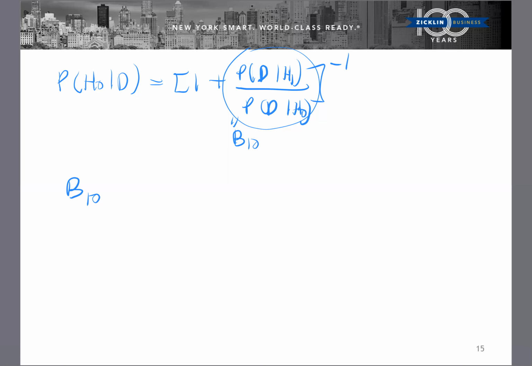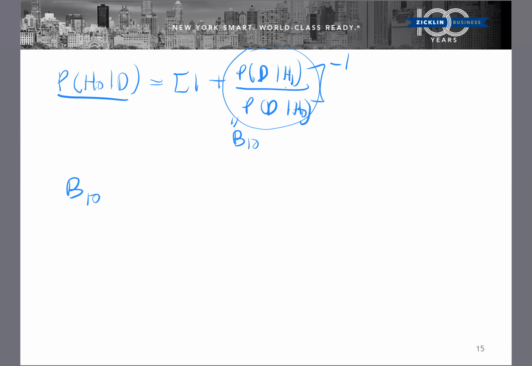Okay. Again, now we've got this thing, right? So we've got the probability of the null hypothesis depends on the data only through this guy. Okay, so now let's try to figure out what this guy is. This guy is the probability of the data given the alternative over the probability of the data given the null.